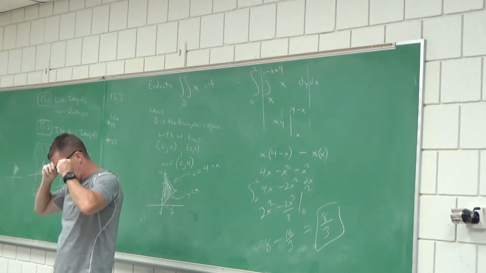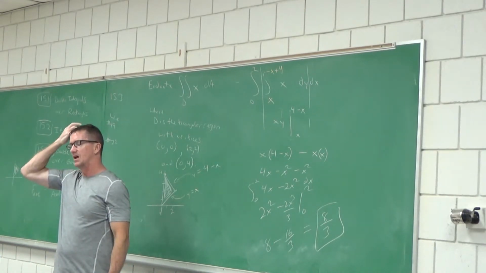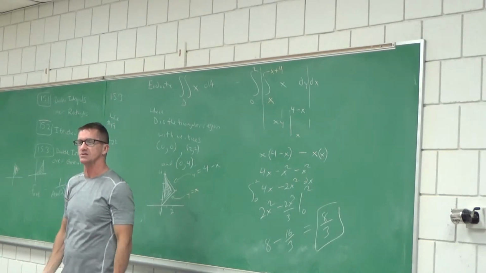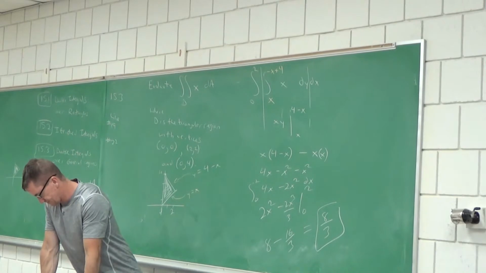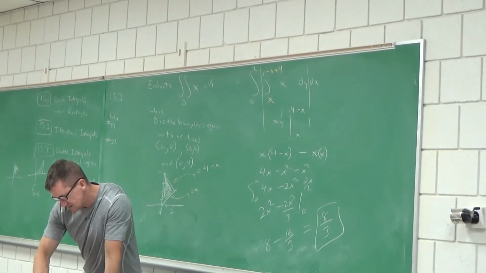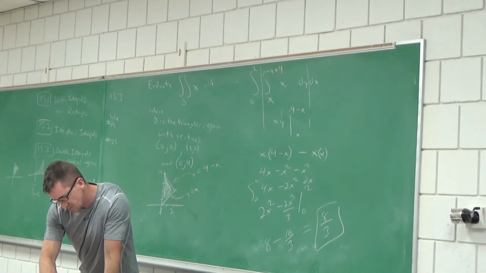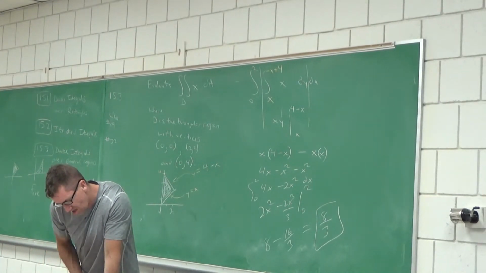Hey, nice. One of the last things I want to do is talk about how we can reverse the order of integration to do an integral. A good example is from the textbook, section 15.2.